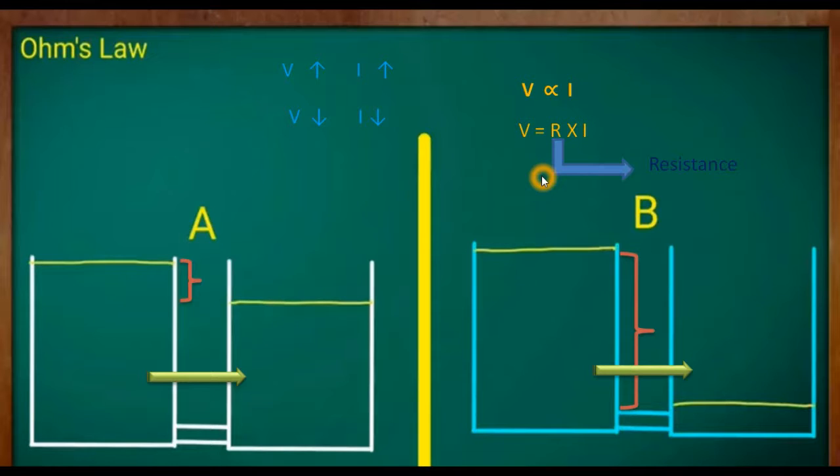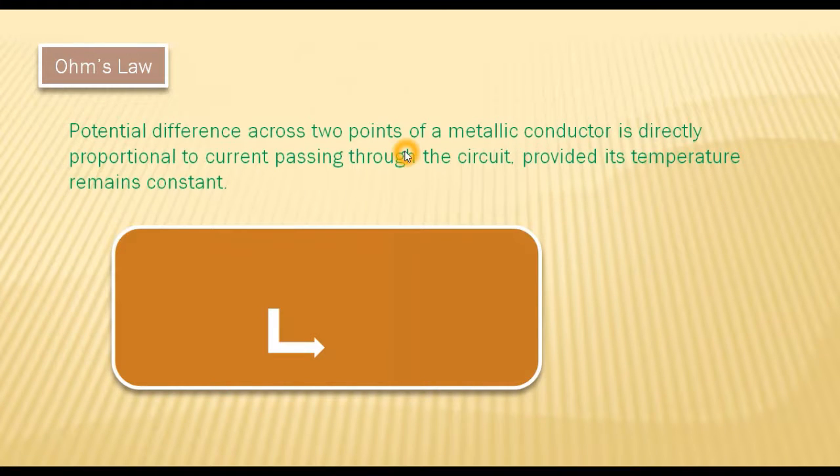Now, this is what Ohm's law says. Ohm's law is given by Sir George Simon Ohm, and Ohm's law gives us a relationship between current and potential difference. Now, as per Ohm's law, potential difference across 2 points of a conductor, metallic conductor, is directly proportional to the current passing through the circuit, provided its temperature remains constant.